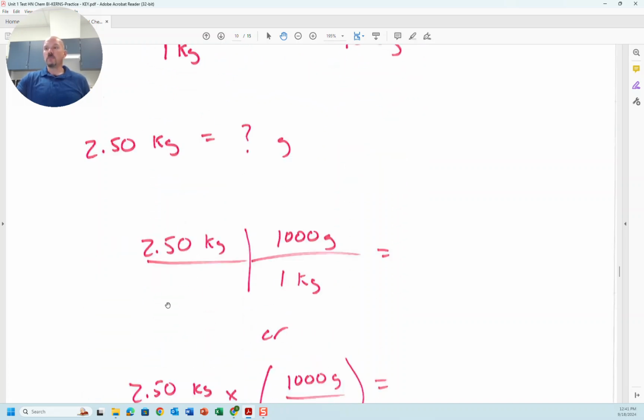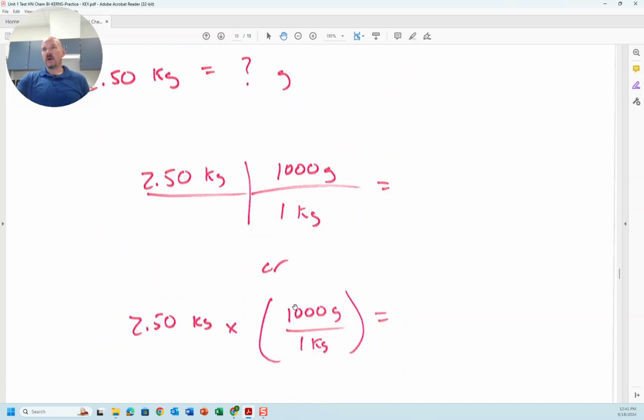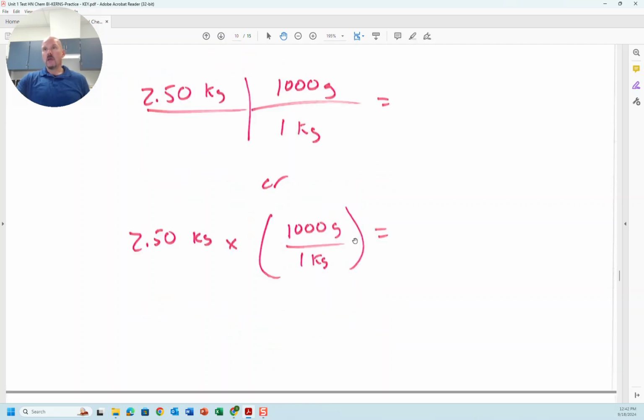So when I take 2.5 kilograms and multiply it by this ratio, I'm not multiplying it by 1,000. I'm multiplying it by 1,000 grams and dividing it by 1 kilogram. That cancels out kilogram and gives me grams. 2,500 grams is the same thing as 2.5 kilograms.